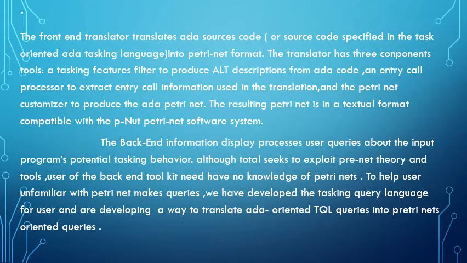The front-end translator translates Ada source code specified in a task-oriented Ada language into PrettyNet format. The translator has three component tools: a tasking feature tool to produce ALT descriptions from Ada code, an entry call processor to extract entry call information used in the translation, and the PrettyNet customizer to produce the Ada PrettyNet.